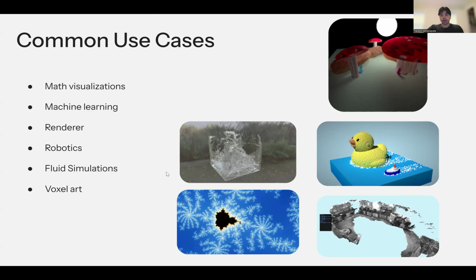And then we can also use it to conduct fluid simulations. So this plays into how it's good at managing these physics simulations and just general drawing pixels and voxel art. That is something that Taichi can do as well. So these are some common use cases.